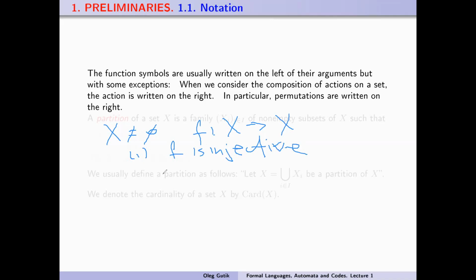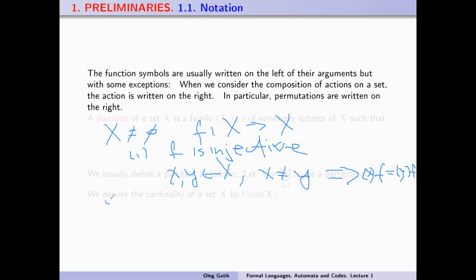What does it mean? If we have x and y from X, and x is not equal to y, then this implies that f of x is not equal to f of y.